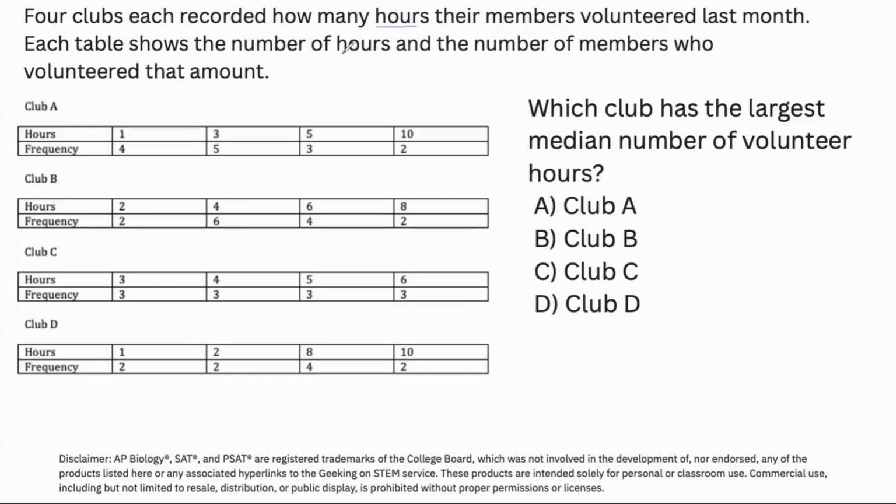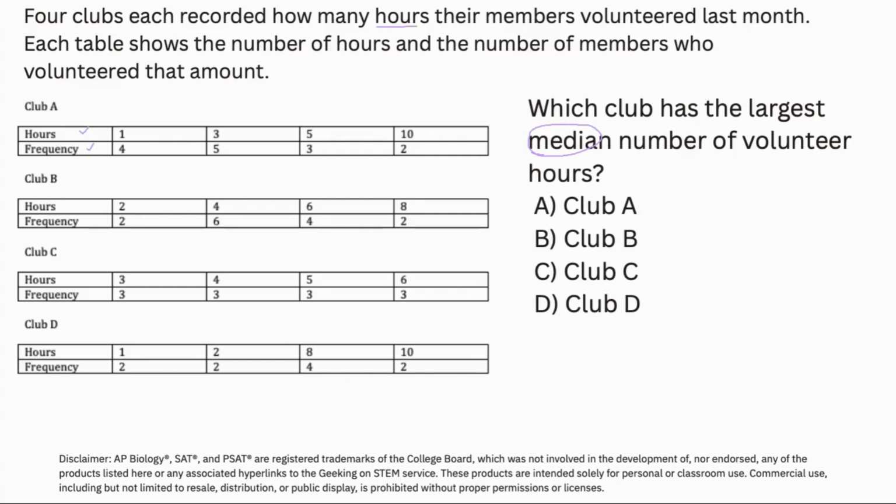Each table shows the number of hours and the number of members that volunteered. So they gave you frequency and hours for each of the four clubs, and they ask you to deduce what the median is. The problem with the median, that's the middle number, is that you need to do some work prior before you can figure out the median itself, which means that you're not going to be able to utilize Desmos to its fullest capacity with those statistics-based functions.